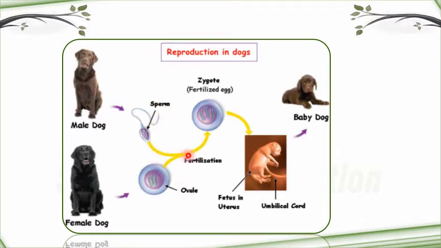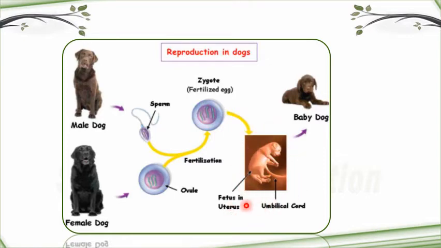This mating will give a fertilized egg, which is when the sperm enters the ovule, which gives the fertilized egg or the zygote. After that, this fertilized egg will become a fetus.